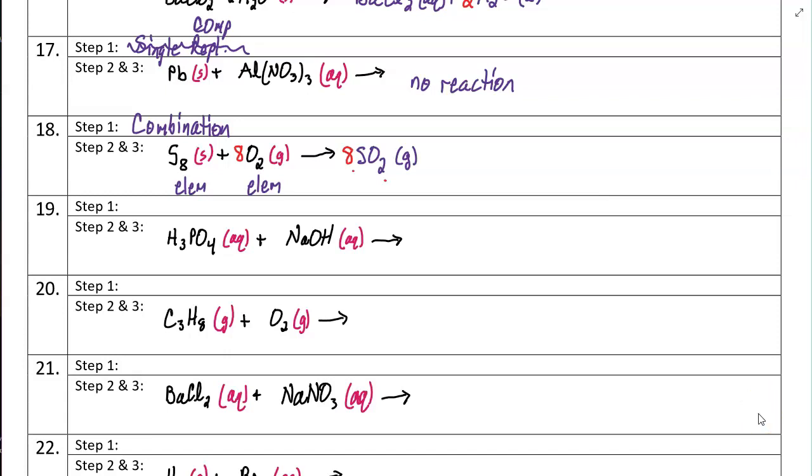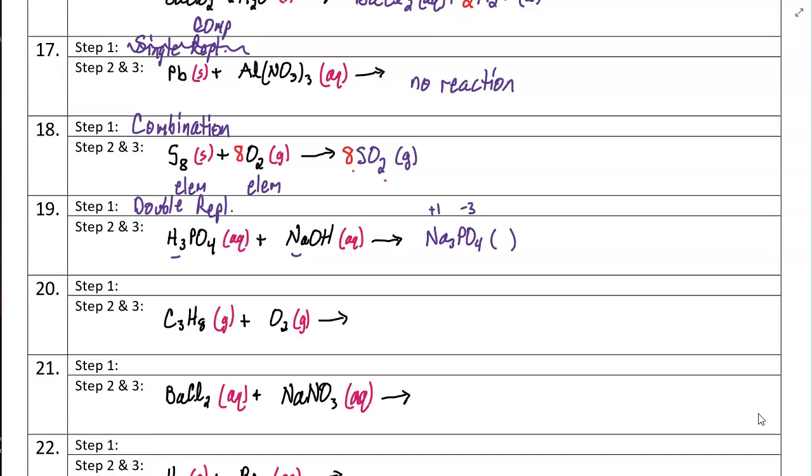Number 19, a couple of aqueous ionic compounds. Double replacement. Switch the cations. So the sodium goes with the phosphate. Sodium's positive 1, this one's negative 3, so you need a 3 after that Na.